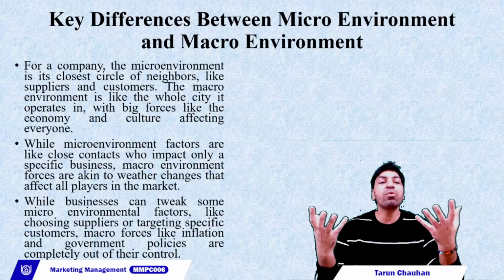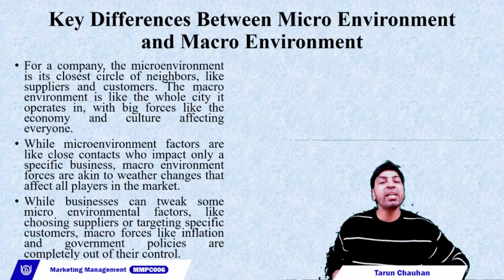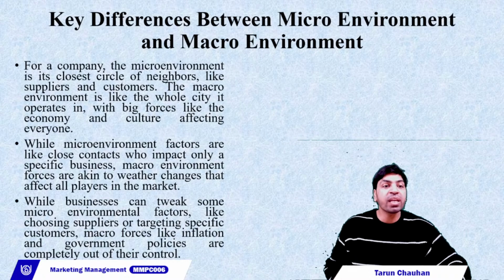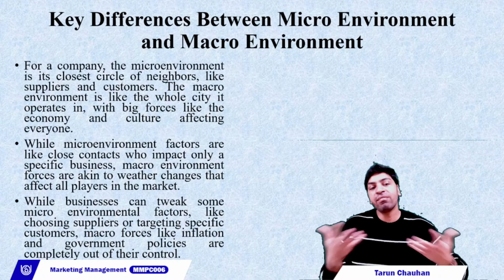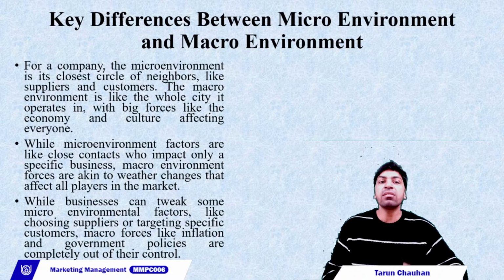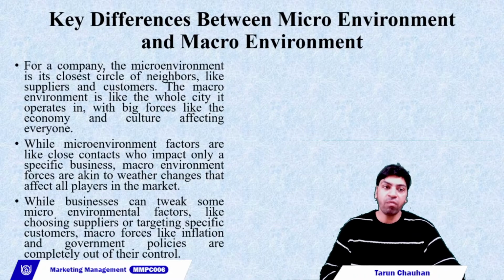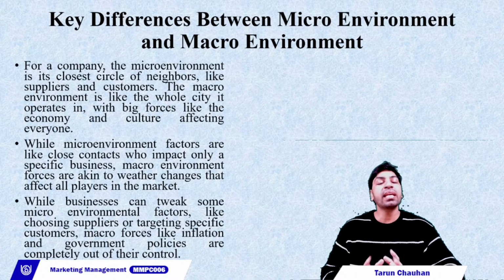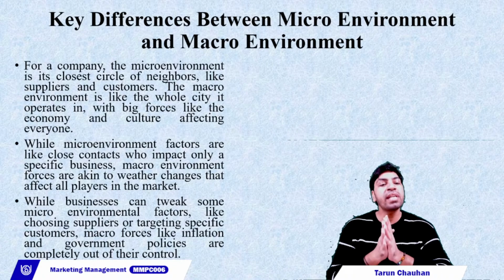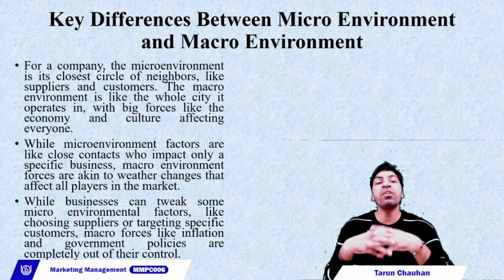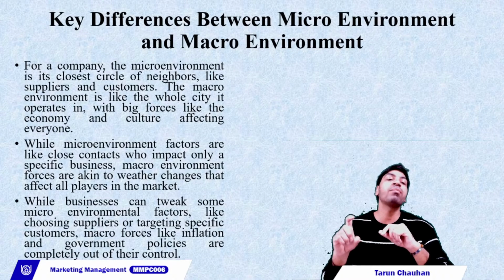These are the big forces which ultimately influence the economy of a country, and of course it affects everyone in every way. That kind of environment is called macro environment. In the second difference, the micro environment factors are in very close contact and ultimately influence the specific type of business.